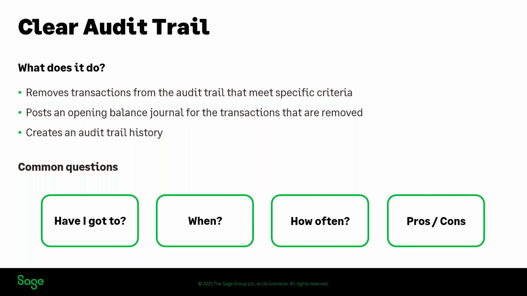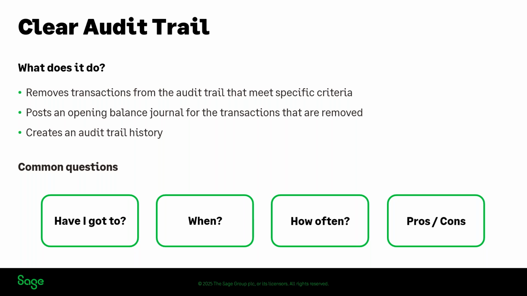Now there is a guideline, never used to be, but there is a guideline for Sage 50 accounts of 250,000 transactions. So if you're getting towards that, you may start seeing prompts pop up relating to data management. Now, it's not a hard limit.